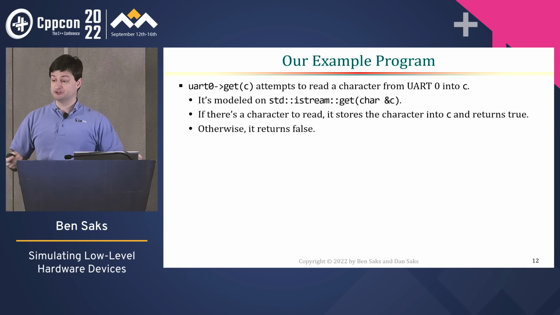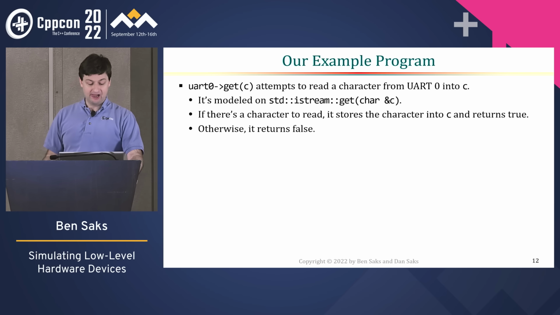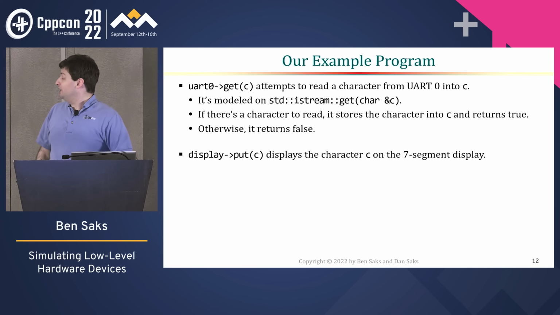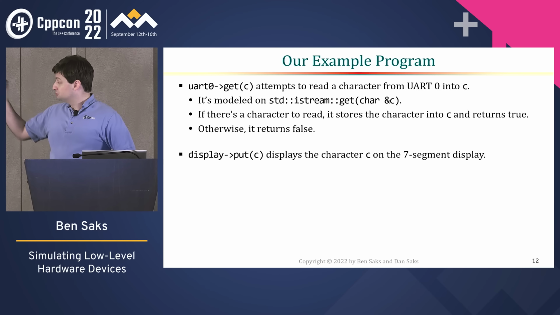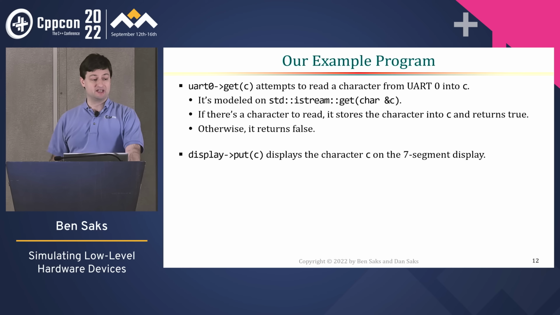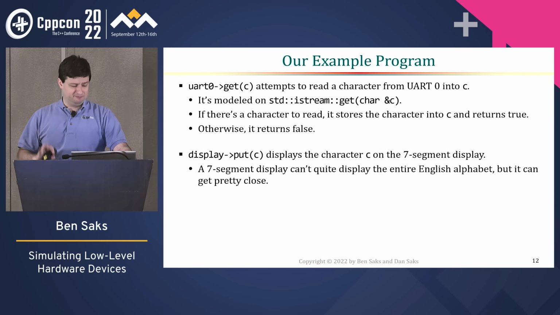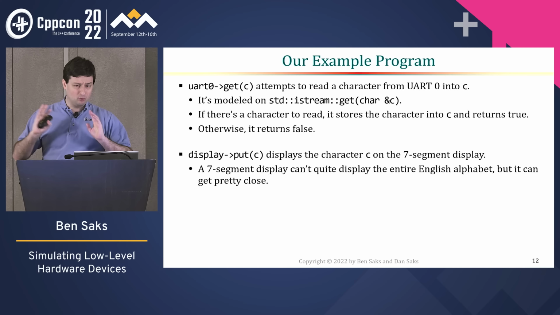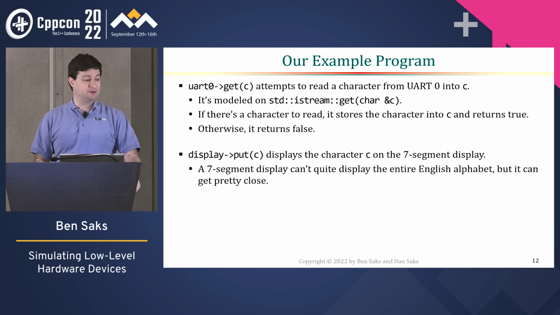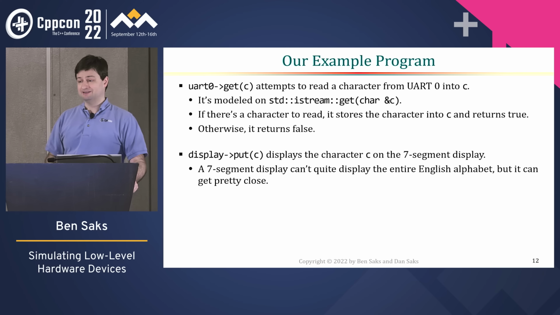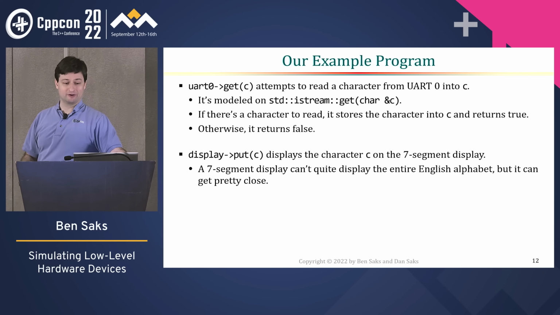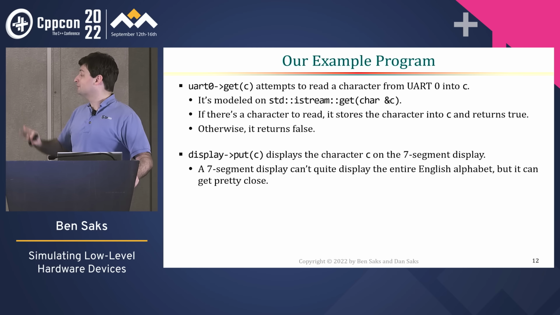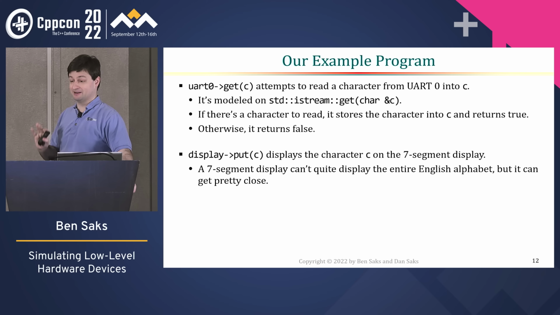Otherwise, it just returns false. For the display, the put function just shows the character on the 7-segment display. Now, a 7-segment display can't quite handle the entire English alphabet. There are a few characters like X and W that are hard to display, but for the purposes of this discussion, I'm going to say close enough.